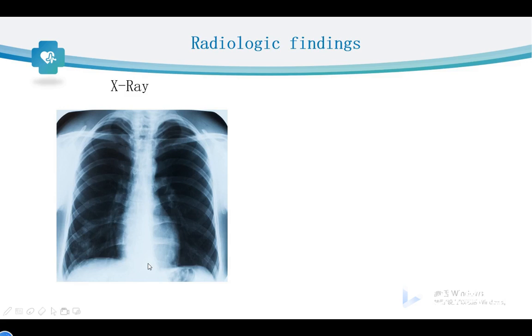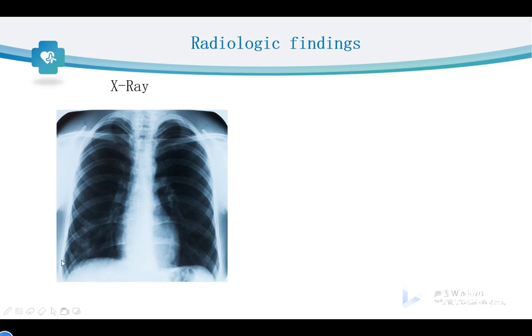What can we find from this picture? Yes, I think most of you may think that it's nearly normal, right? But if you look at it more carefully, maybe we can find some abnormal signs specifically.